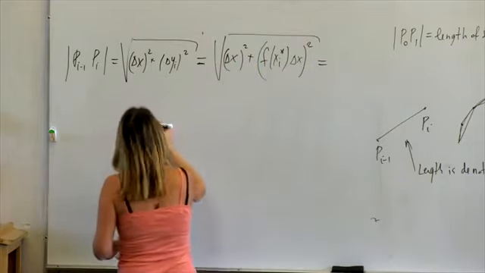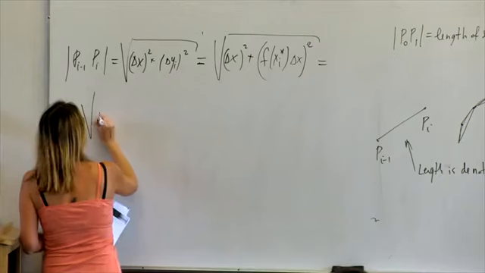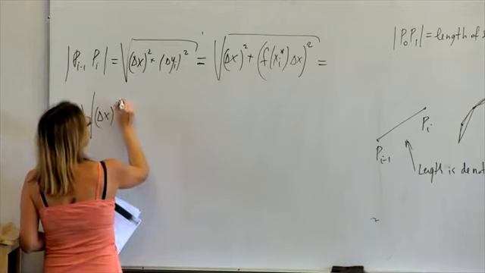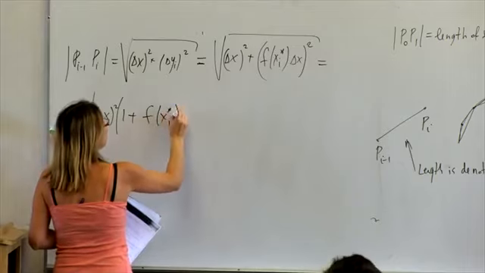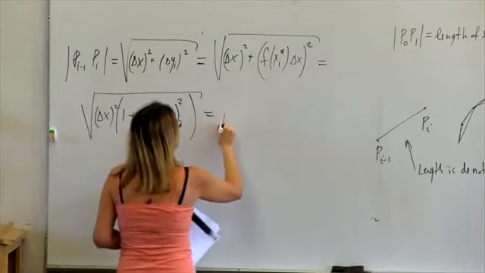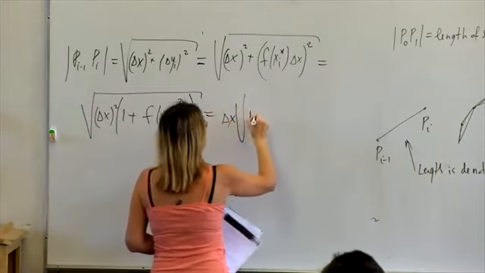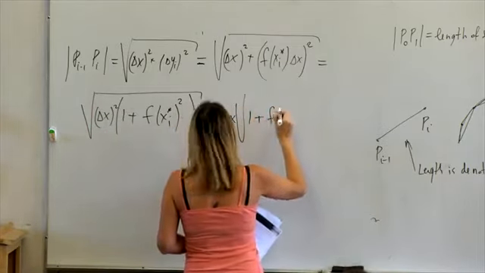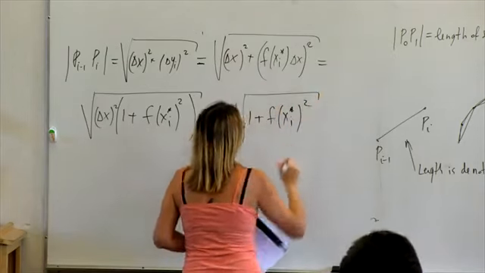And now, of course, I can take the delta x squared out, and I have 1 plus f prime of xi squared. And finally, I can take the square root of delta x, it's a positive quantity, and under the square root, I'm left with a simple expression like this.